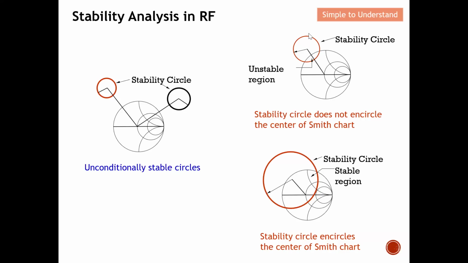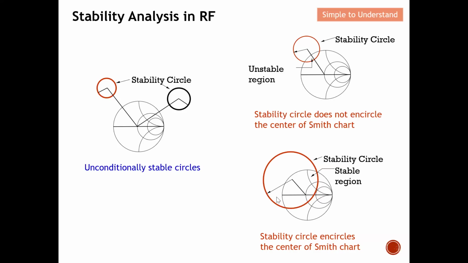This is the stability circle, same as what I illustrated earlier on. You can see that they cut over here. This part here will be stable. So I know that this part will be stable and this portion here will be unstable. Another situation is when the stability circle covers the center of the Smith chart. This is the center of the Smith chart.